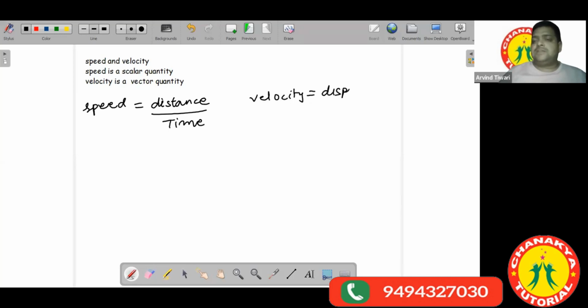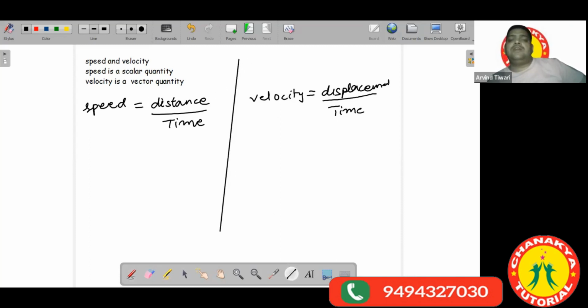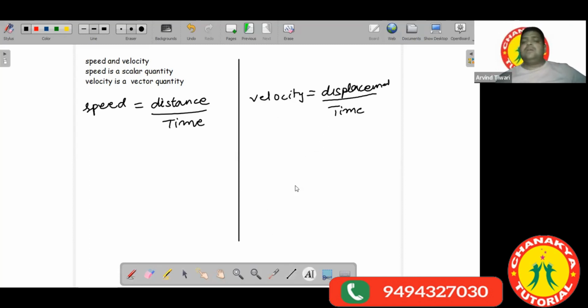So how fast the displacement is covered. How fast you cover the displacement, that is your velocity. There is a difference between them, as we know that distance and displacement are two different things. So speed and velocity are also different. You can call velocity speed with direction.